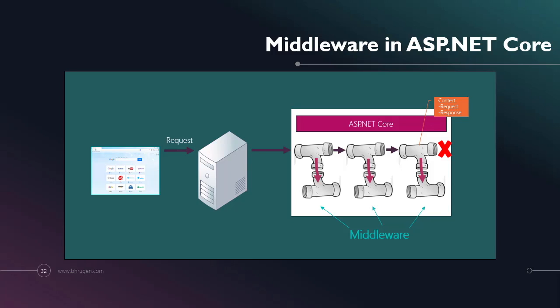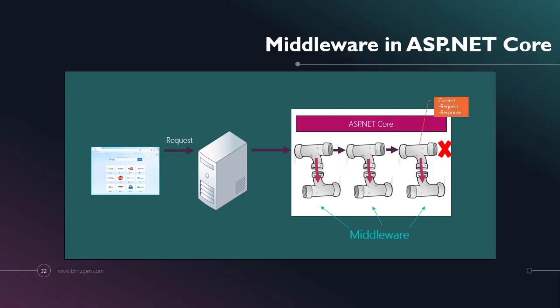However, it is possible that in any one or more of these middlewares, there may be a response that needs to be passed back, and it could happen in any of the pipes. So sometimes middleware would not pass the context along to the next piece, but rather says, okay, I have a response that I need to send back.